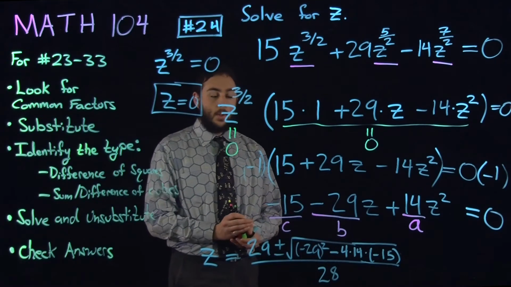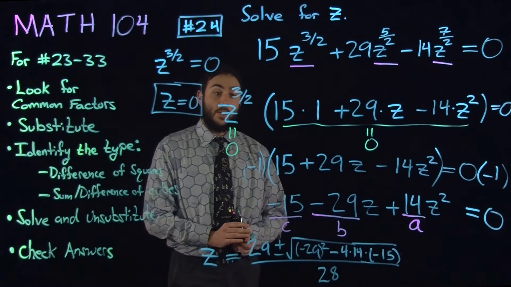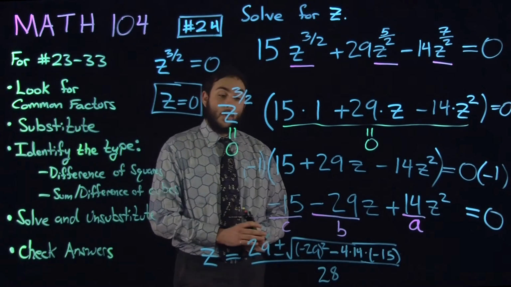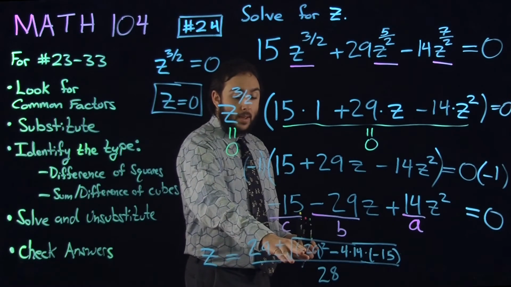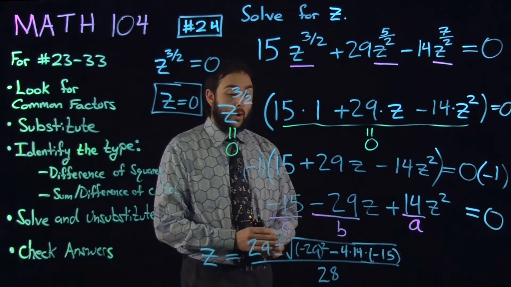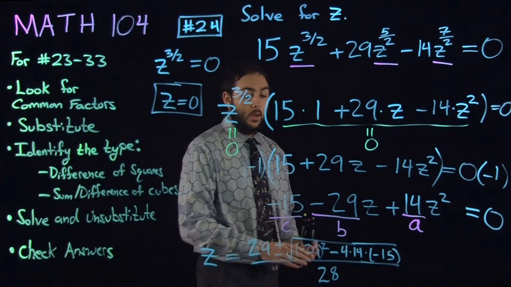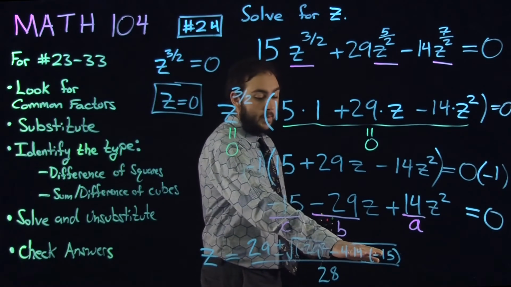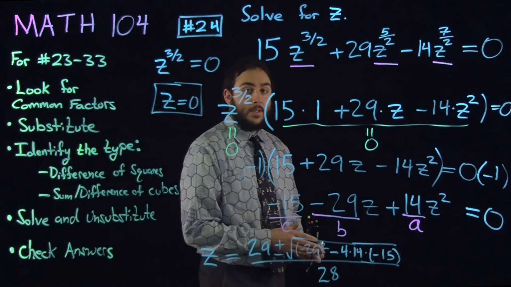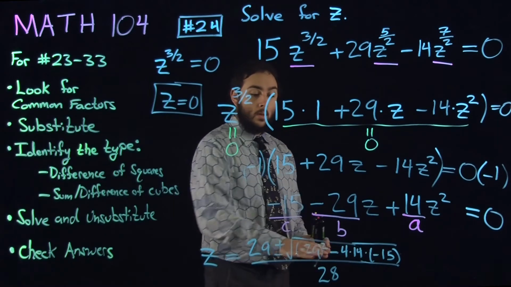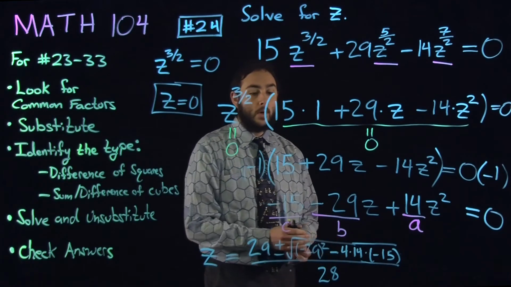Well, at this point we have to do a little arithmetic to clean this up a bit. The negative in this term will go away when we square it, and 29 times 29 is 841. Then the product of these numbers, 14 times 15 is 210, times 4 is 840.